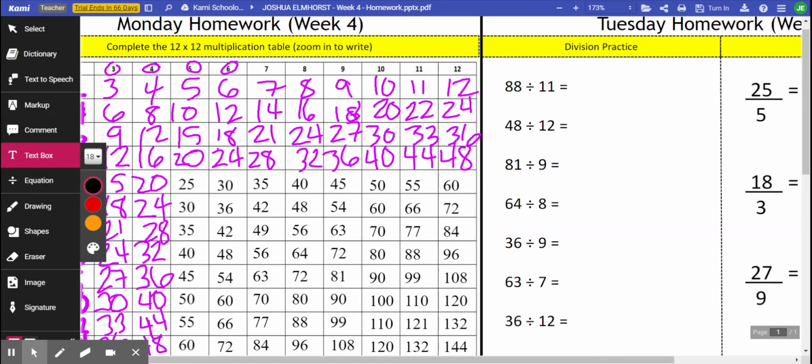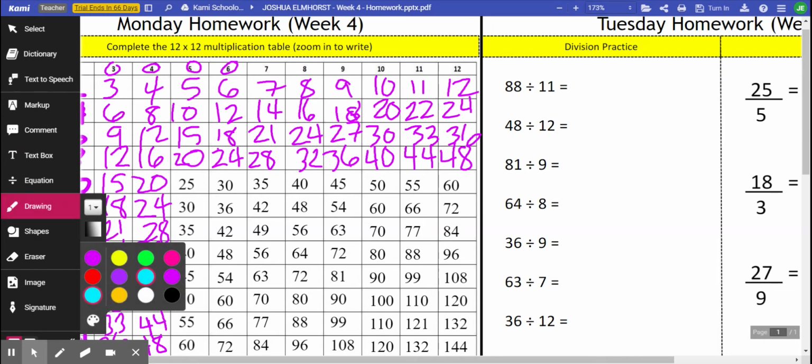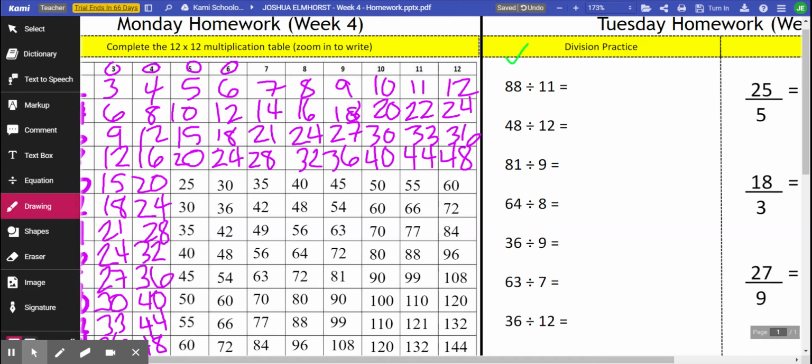So if we take a look at, let's do green. Okay, so if we take a look at 88 and we're going to divide that by 11, well, we can go down here, 88 divided by 11, and follow that over.